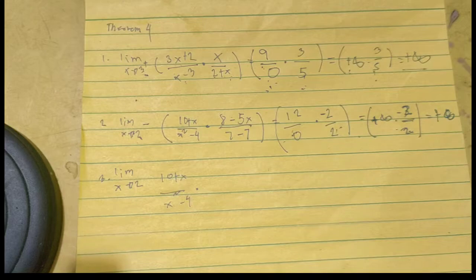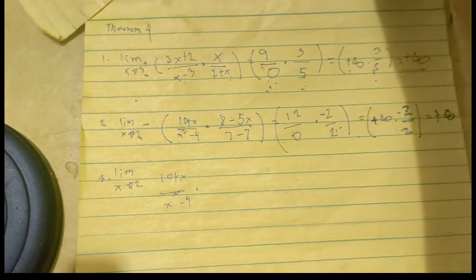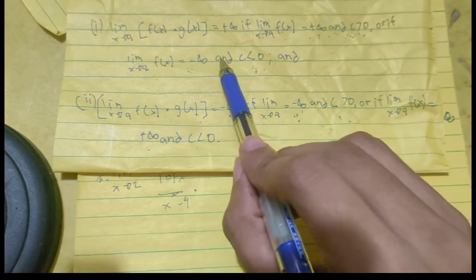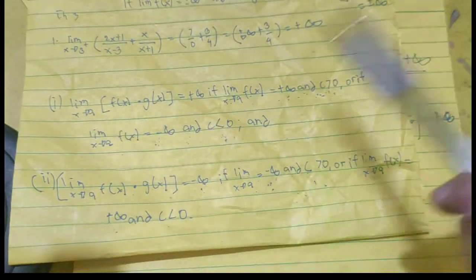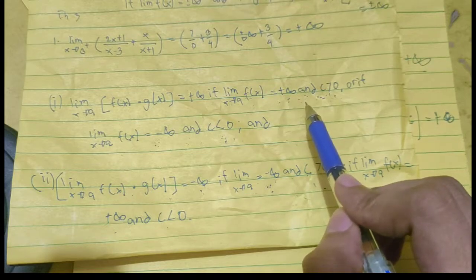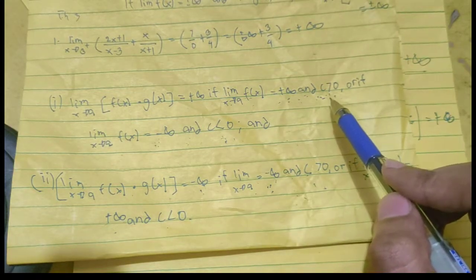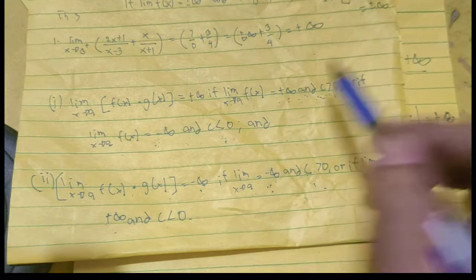Alright, let's proceed to theorem number 4. In order to answer theorem number 4, we should follow this. Positive infinity, if the limit is positive infinity and the constant is greater than 0. Sorry.